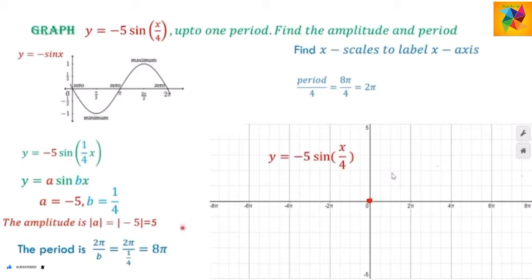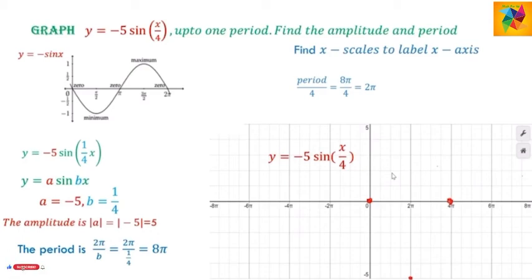At this point we are going to find the next value. The graph of the function starts at 0 and goes down until it reaches the minimum point. And then it goes back to the midline, following this graph right here, and then it reaches the maximum point.